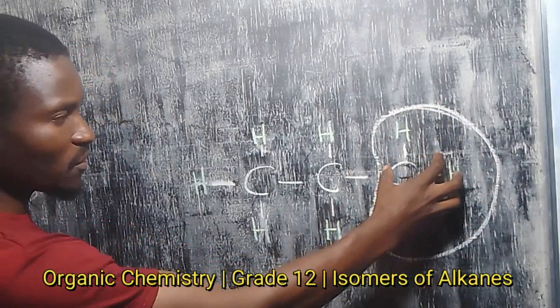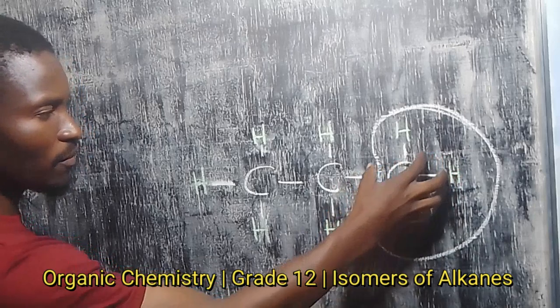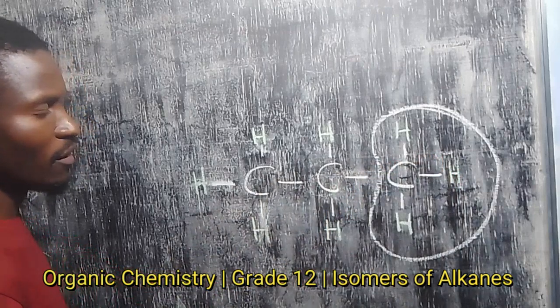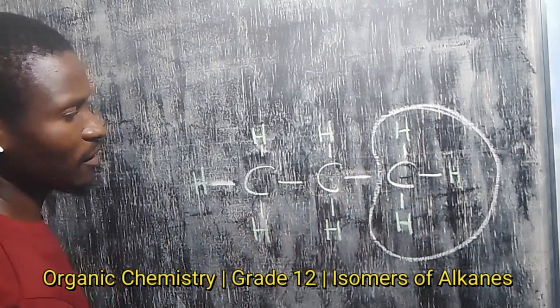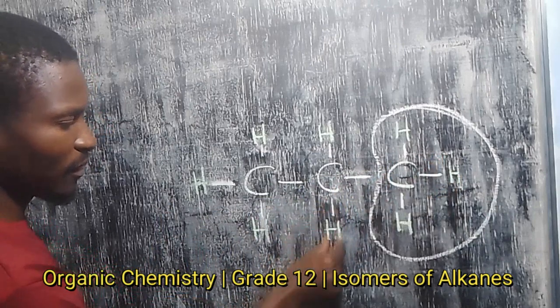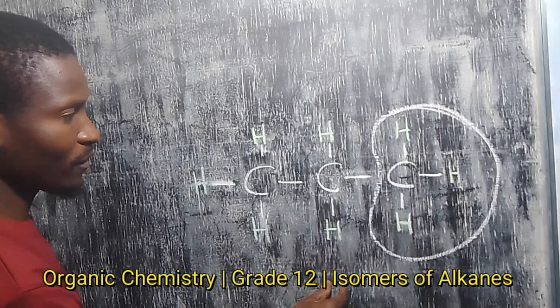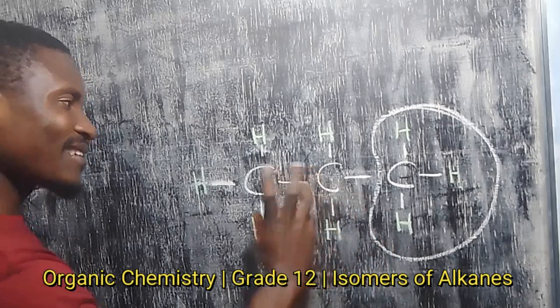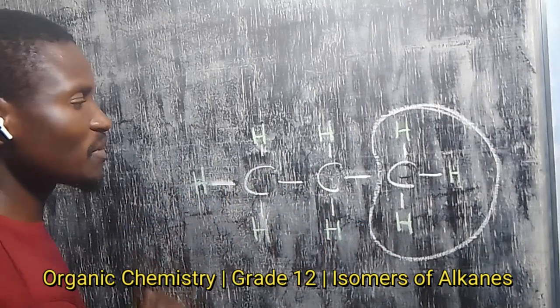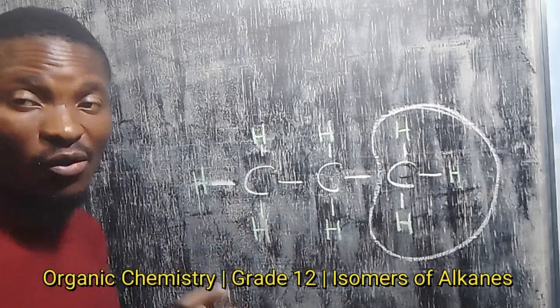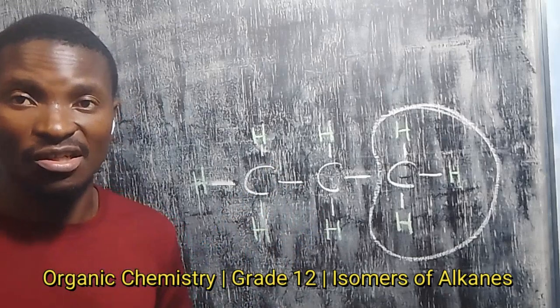Once I isolate this part, I'm going to change the position of this part. Meaning, I'm going to put this one down here. Once I change the structure of this propane, which is an alkane, it simply means that even the actual name of this propane is going to change.